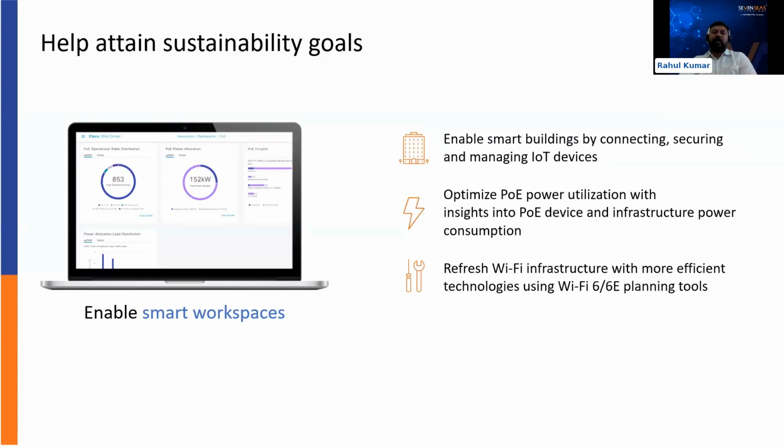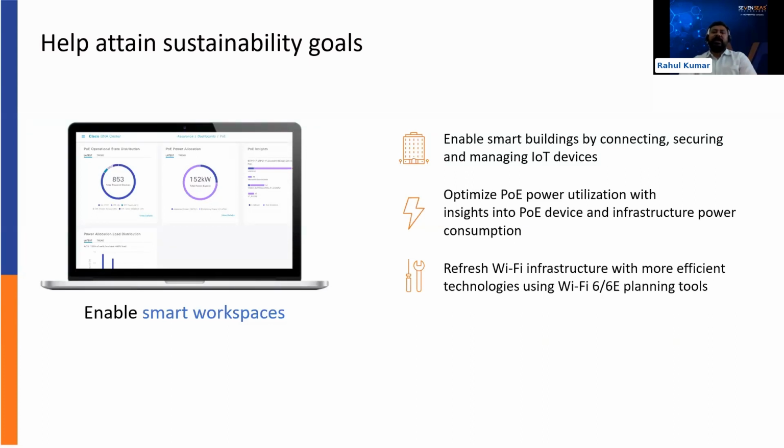It also helps with PoE analytics, providing insight into the power consumption of your network devices. So if you have a PoE device, it will help you optimize the energy footprint of the network infrastructure, which will reduce greenhouse gas emissions and be a part of your sustainability goal.